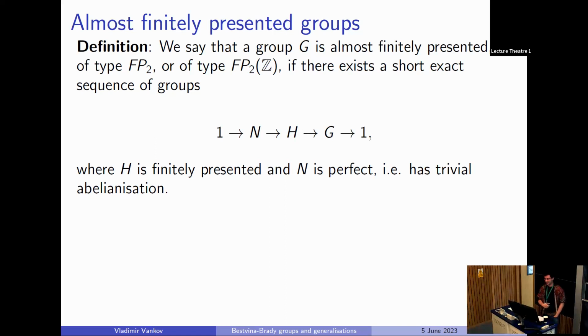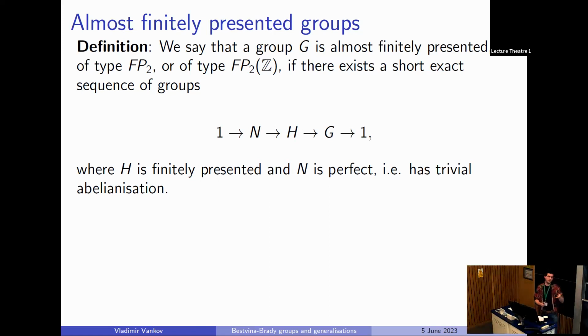We can look at it from the point of view of a short exact sequence. We say our group G is almost finitely presented if it fits into such a short exact sequence where the middle term H is actually finitely presented, and the kernel N must be perfect. So it must have trivial abelianization. This means that the derived subgroup, or commutator subgroup, of N must be isomorphic to N itself.